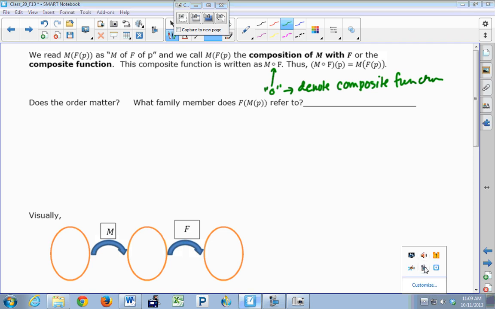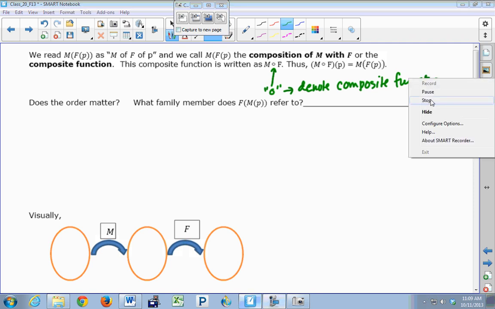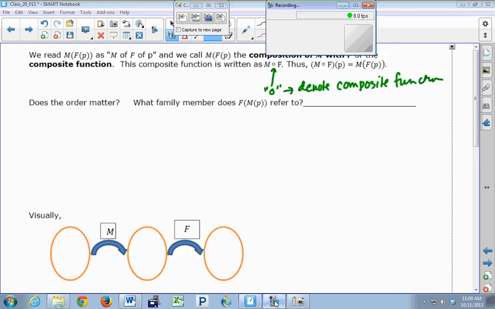Okay. What family member did we end up with this time? Maternal grandfather, right? Mother's father. Maternal grandfather. So does the order matter?